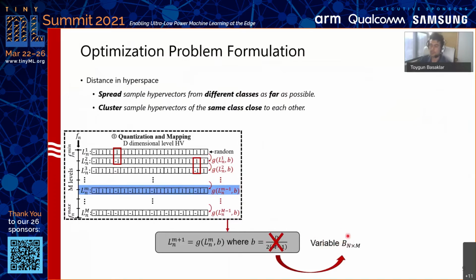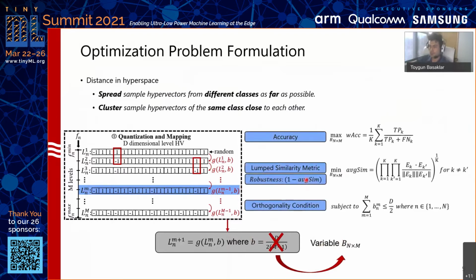This B matrix holds all the B values for every feature and every quantization level. And we construct the following multi-objective optimization problem. First, we want to maximize the accuracy, and second, we want to minimize the similarity between class encoders. Here the accuracy is actually a macro average recall, and we avoid using total accuracy because it suffers from imbalanced data sets.